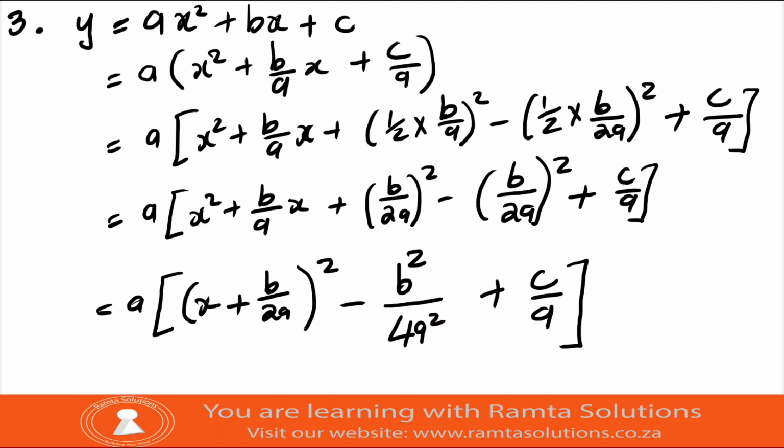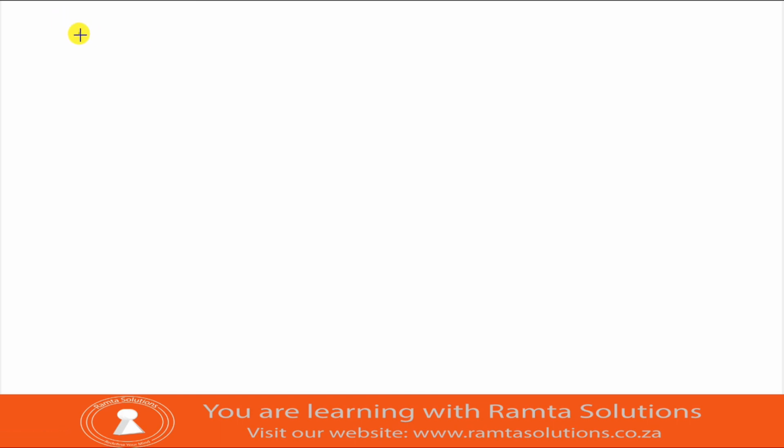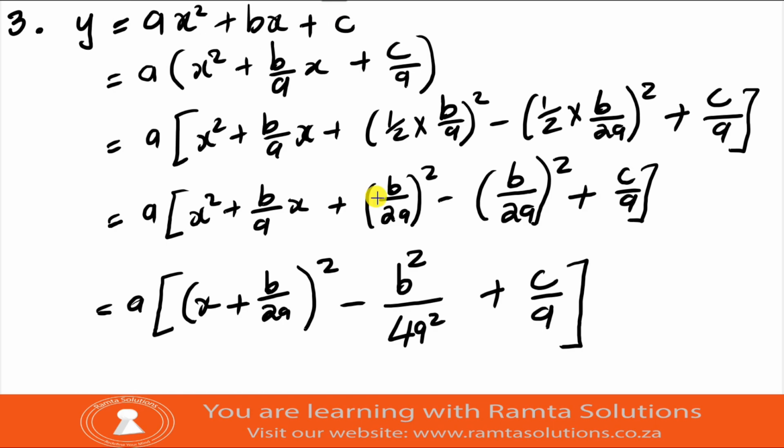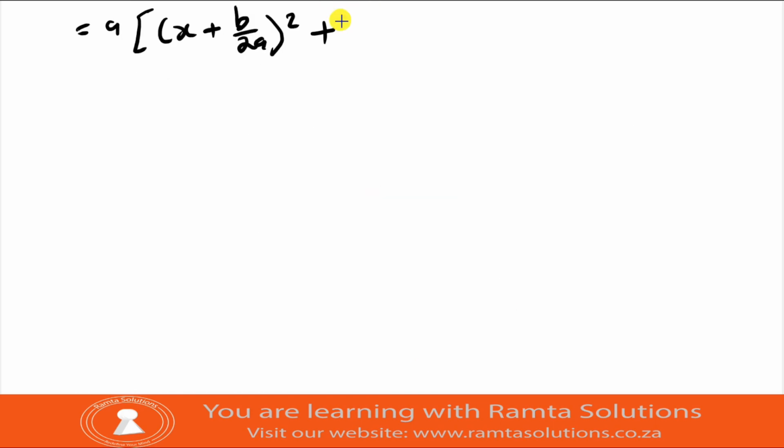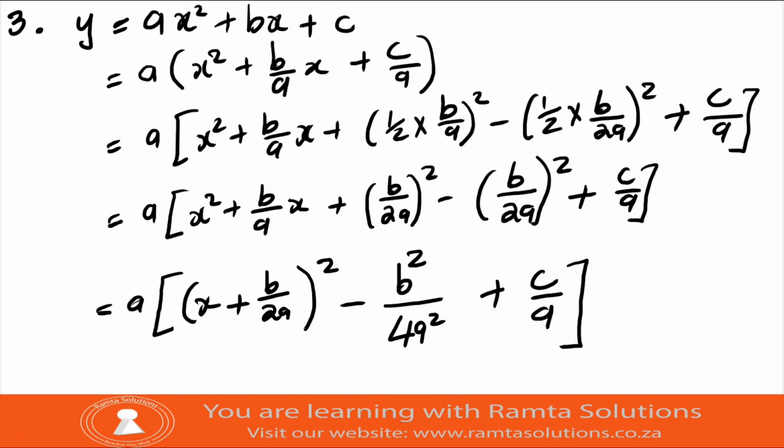I will go to the next page. It'll be a into x plus b over 2a all squared plus, let's see, I think it'll be 4ac minus b squared all over 4a squared. Let me confirm. Yes, it'll be that.